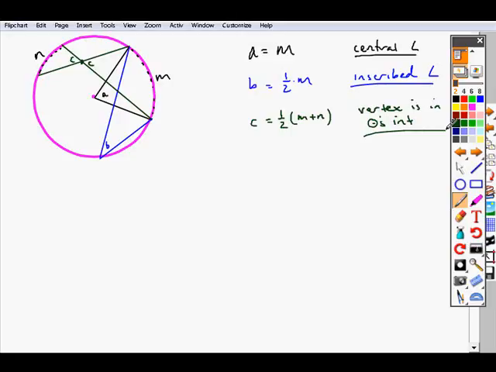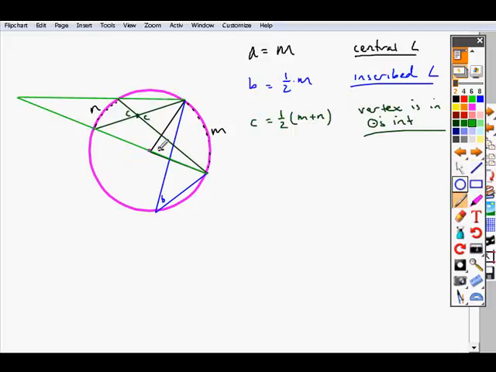Okay, the last case scenario looks like this. What if our angle, we'll call this one D, has a vertex in the exterior, or on the outside of the circle? And we're still intercepting these same two arcs, M and N here. Again, an intercepted arc is an arc that falls in an angle's interior.